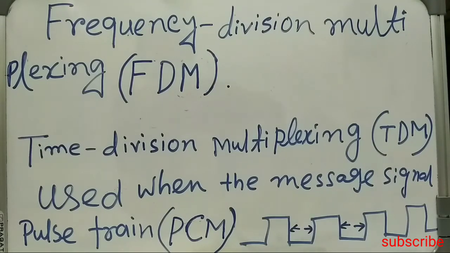The pulses are made narrower and the spaces that are left between pulses are used for other pulses. Thus, in effect, the transmission time is shared by a number of signals by interleaving the pulse trains of various signals in a specified order. At the receiver, the pulse trains corresponding to various signals are separated.